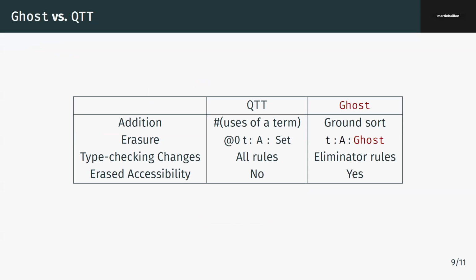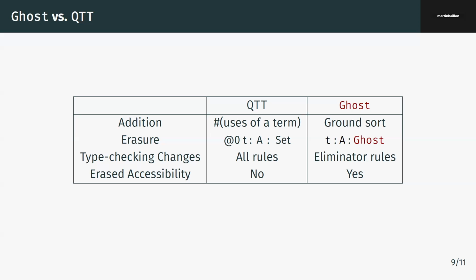So there are already some things that resemble Ghost in the literature, notably quantitative type theory, which is implemented in Agda. It is quite different, because there we actually have the information of the number of uses of a term, whereas we don't have anything of the sort using Ghost. But erasure can be explained using an annotation saying that t is never used at runtime.